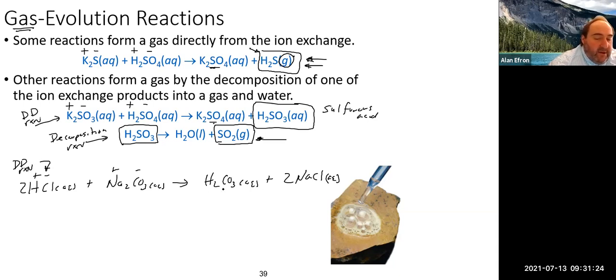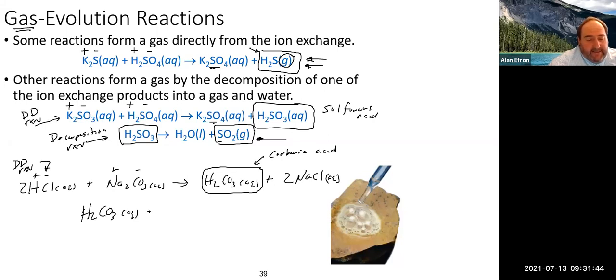Now, this is again a double displacement reaction. And you can see that no gas is generated in this case, but we do generate another weak acid, and this is carbonic acid. Carbonate becomes carbonic acid. And carbonic acid, just like the acid above, will then almost instantaneously go through a decomposition reaction where it will form water and CO2 gas.